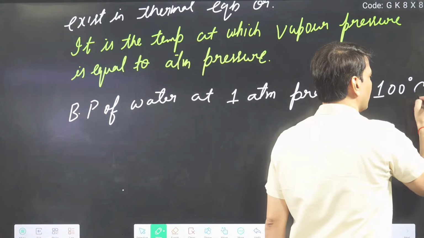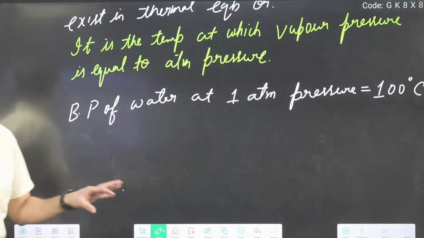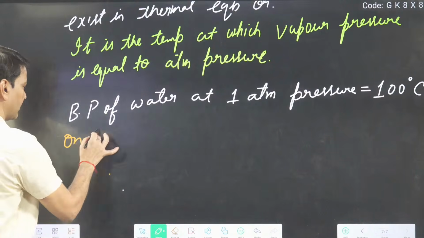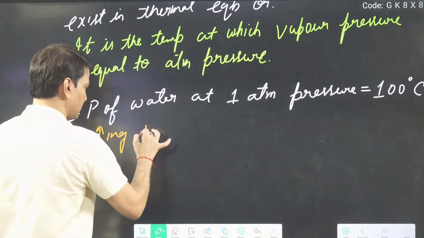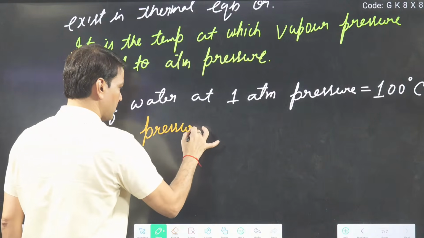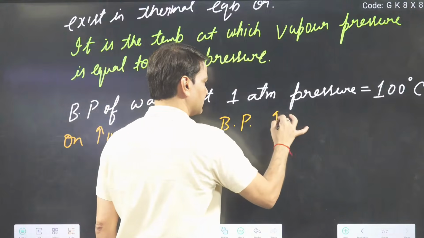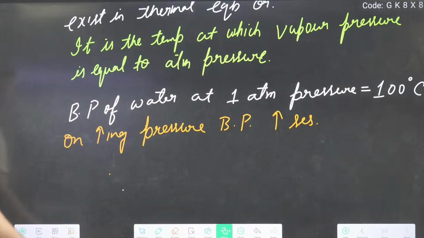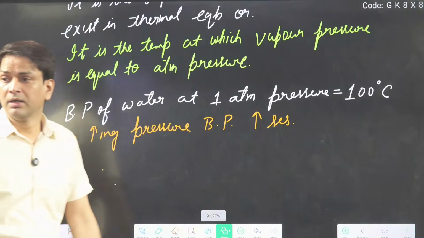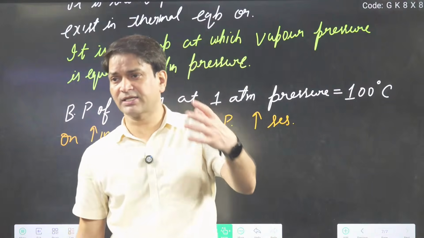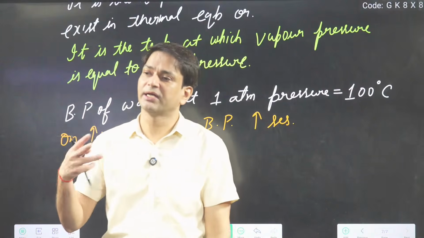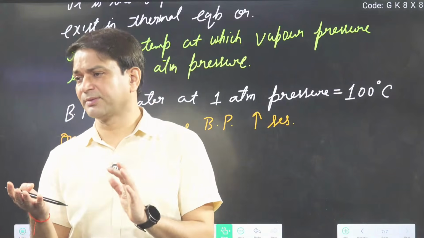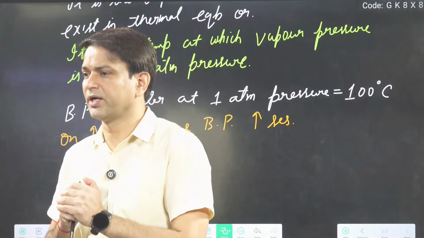The boiling point at 1 atm pressure, and that we know is 100 degrees C. And on increasing pressure, the boiling point increases. So it is the reverse of the melting point. On increasing the pressure, the melting point decreases, the boiling point increases. And the boiling point depends upon the substance. Different substances will have different boiling points.